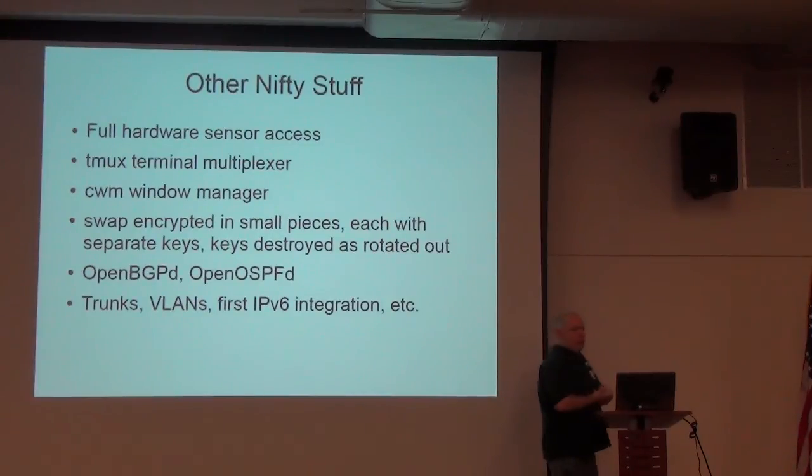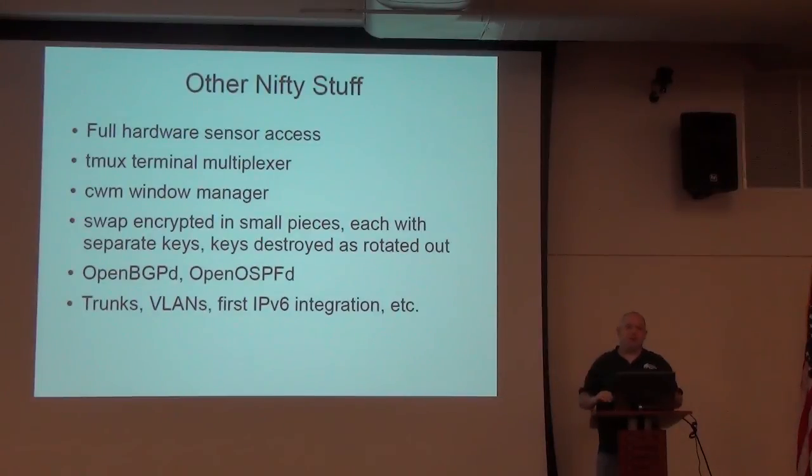So OpenBSD doesn't have one giant swap space that it encrypts. It has one swap space with a whole bunch of tiny encrypted swaps, each with its own key. And when it's done with a piece of swap, it throws away the key for that piece.